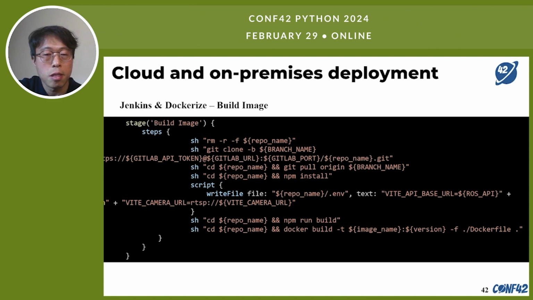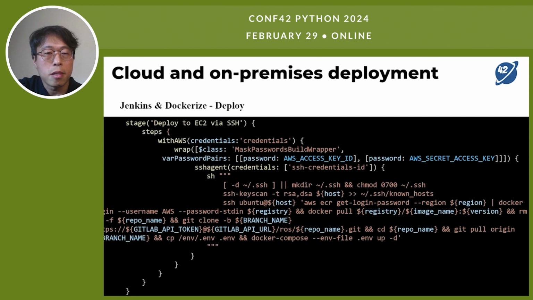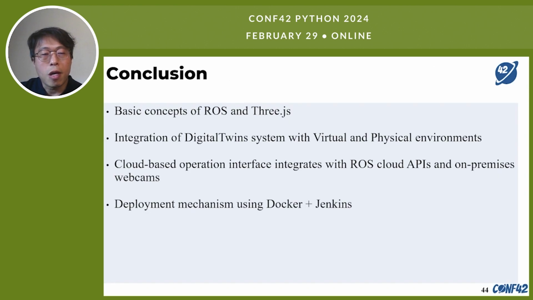After the image is created, we put the image into the AWS ECR service. Later we get the image from there to deploy on AWS environments. So all I wanted to present to you is finished here.